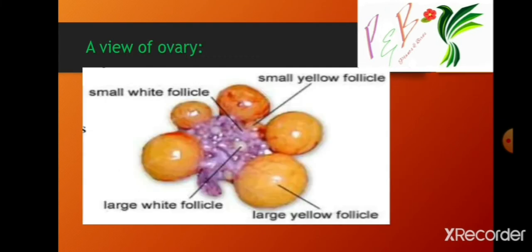Next, this is the view of the ovary. See, this is the large yellow follicle, small yellow follicles, and small white follicles. The white follicles, as they keep growing, turn yellowish due to xanthophyll. We will discuss that in the next slide. A follicle is nothing but a yolk.